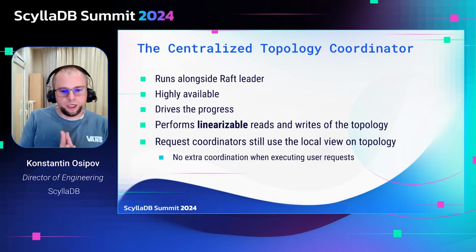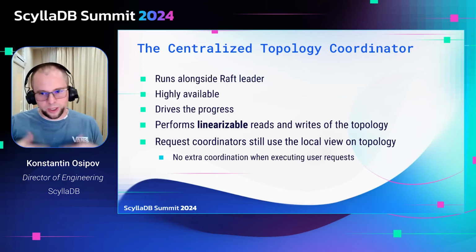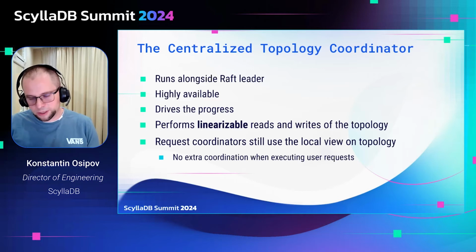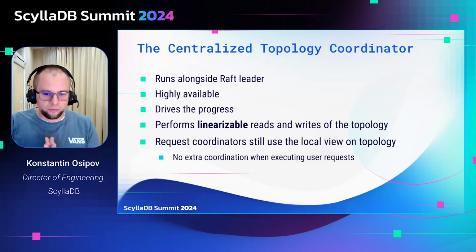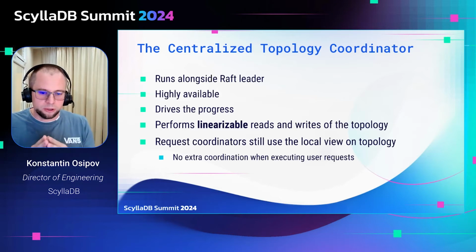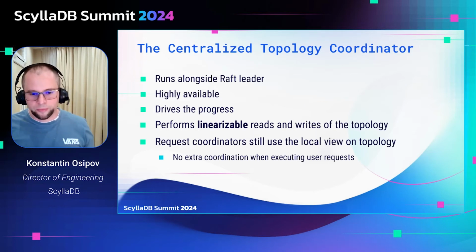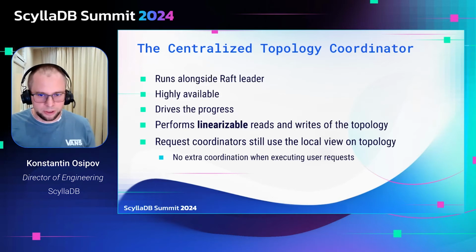The way we changed the topology operations when we based it on the centralized state is we also converted it to a central role. In 5.0, in order to execute addition of a node or removal of a node, you need to find the node that would drive the progress, and it could be any random node in the cluster.